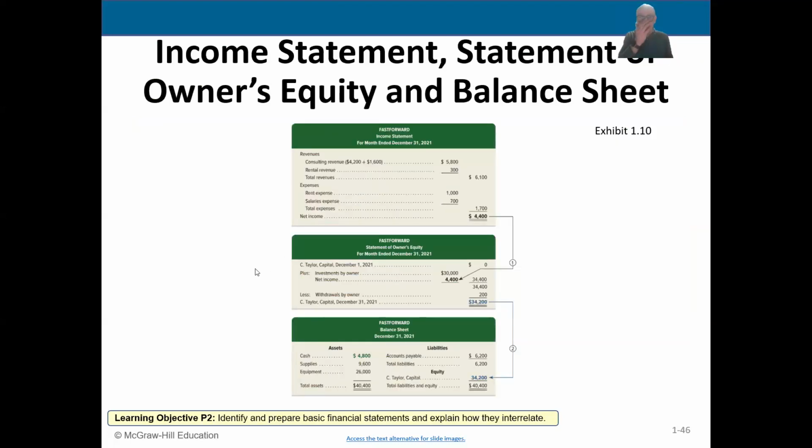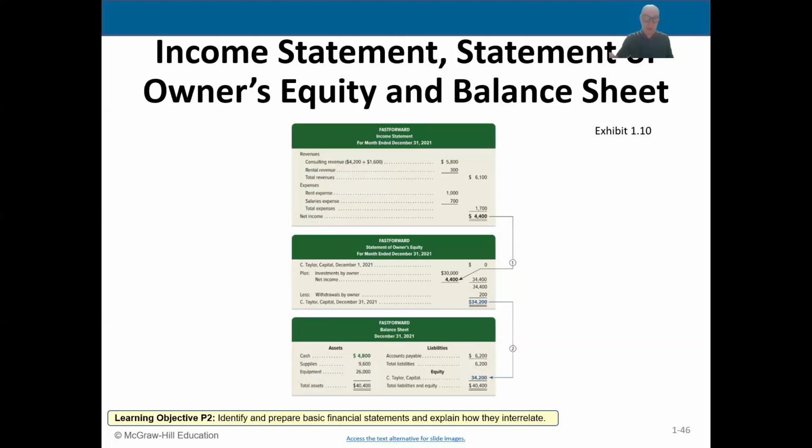This shows us how those financial statements are connected, and I walked through that exercise with you already. Revenue minus expenses equals net income on the income statement. Net income gets transferred onto the statement of owner's equity. Beginning balance plus investments plus net income minus owner's withdrawals equals the ending balance.